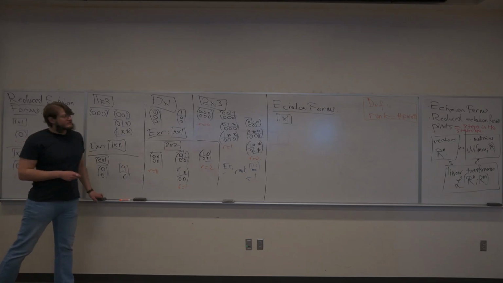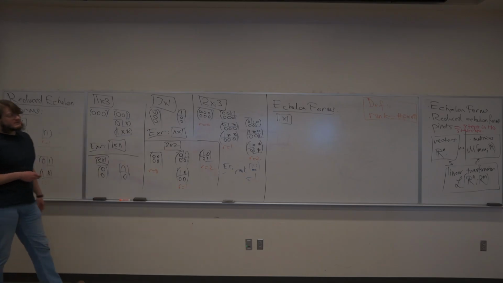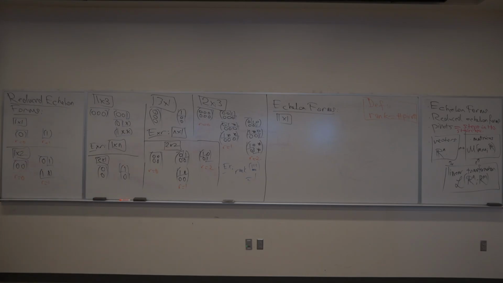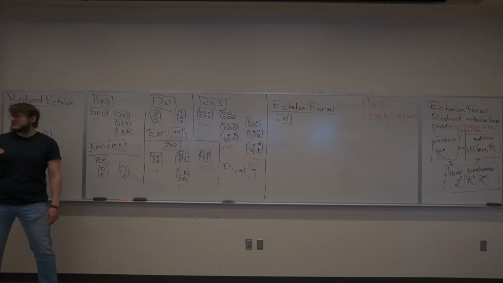What can I say about this R number and how it is related to M and N? Or maybe I should ask you, can I perhaps come up with certain inequalities for R? Yeah. R is never going to be greater than the number of rows. Do we agree with this statement? Why? Because R is supposed to be the number of steps in my staircase.